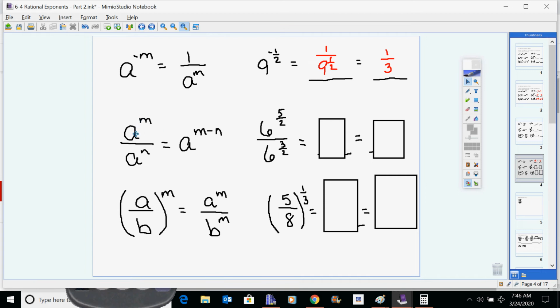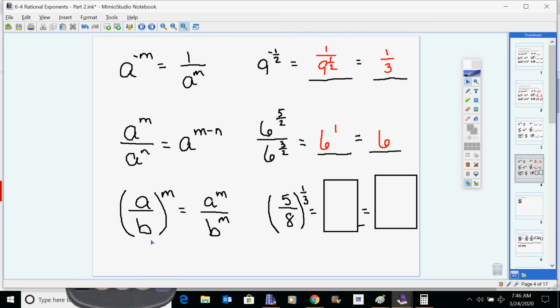Don't forget also, when you have like bases and it's in a fraction, you can solve that by simply subtracting the exponents. So here we have 5/2 minus 3/2, and that gives you 2/2, which we know is 1. So 6 to the first power gives us a nice friendly 6 that's super easy to think about.